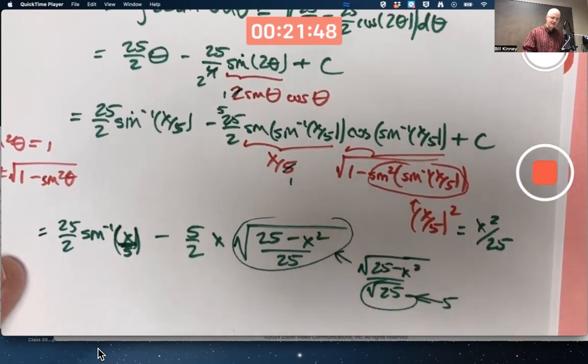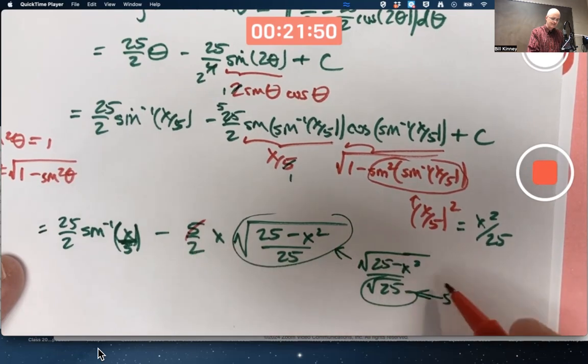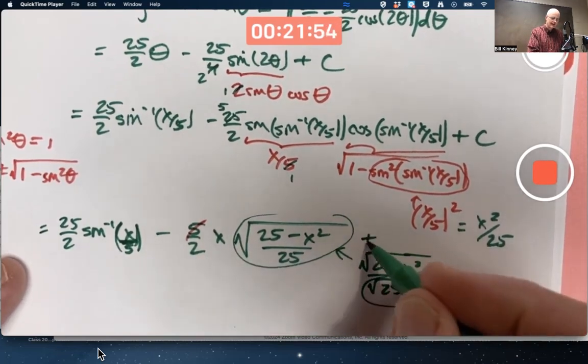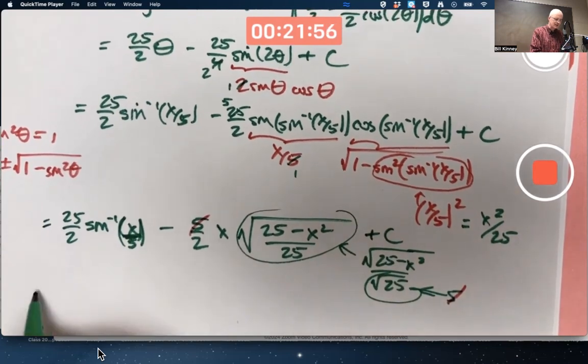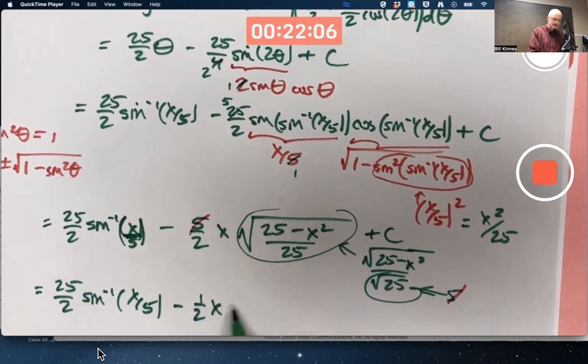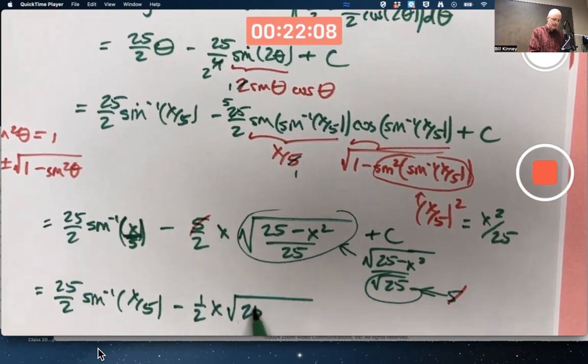And so it can cancel with this 5. Don't forget your plus c. And so in the end, it all simplifies to 25 halves inverse sine of x over 5, the 5's there canceled, minus 1/2 x square root of 25 minus x squared plus c.